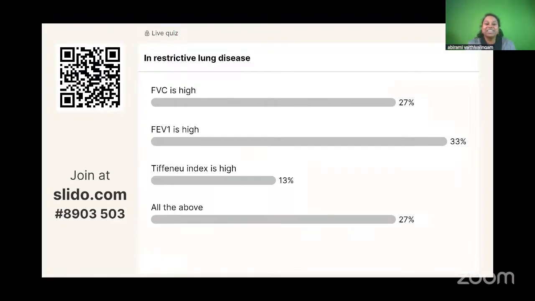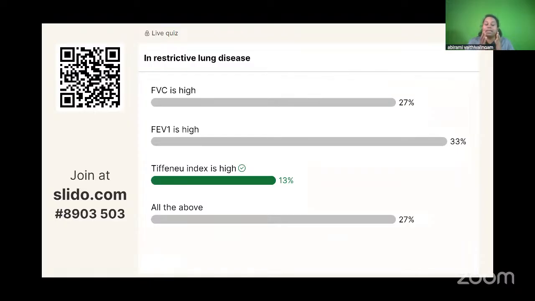In restrictive lung disease, we forgot our discussion. Tiffeneau index, normal Tiffeneau index is 83%. In obstructive disease, Tiffeneau index falls to 50%. If Tiffeneau index increases to 90%, restrictive disease. So what is the answer here? Tiffeneau index is high in restrictive lung disease. FVC and FEV1 are not high.